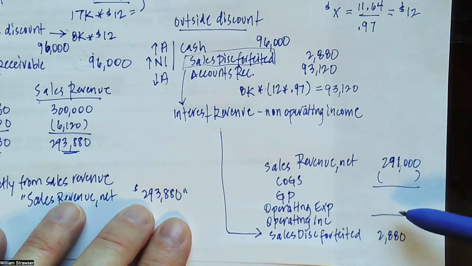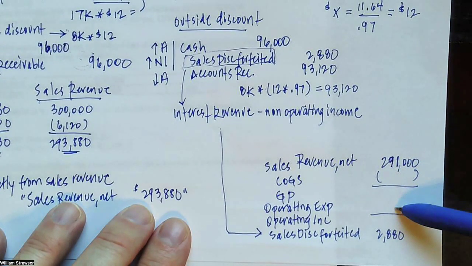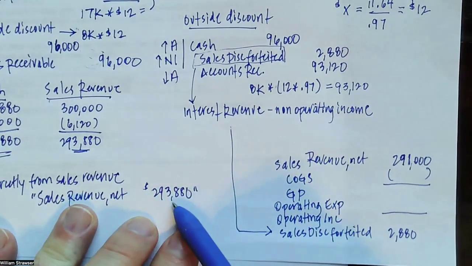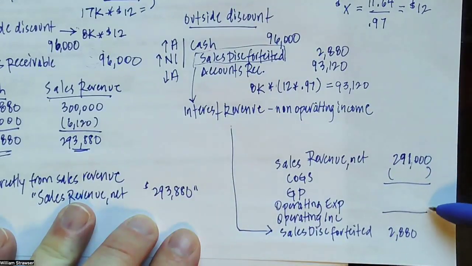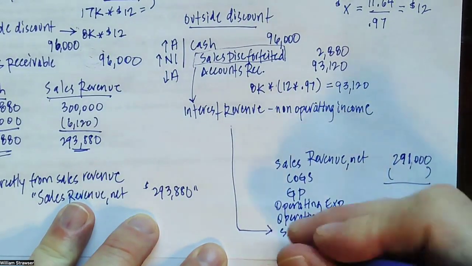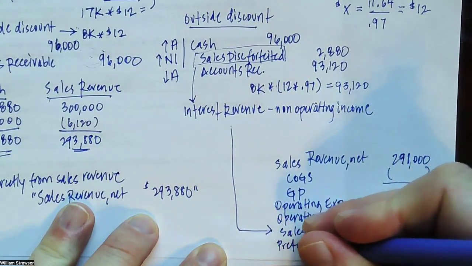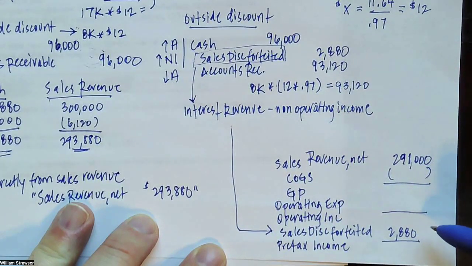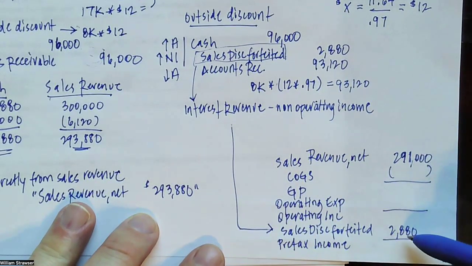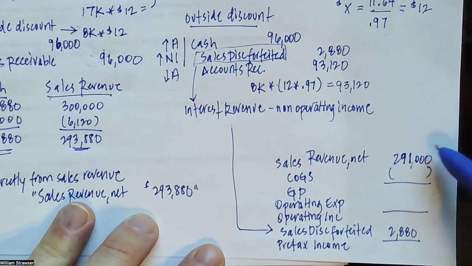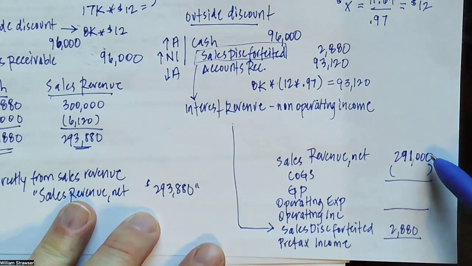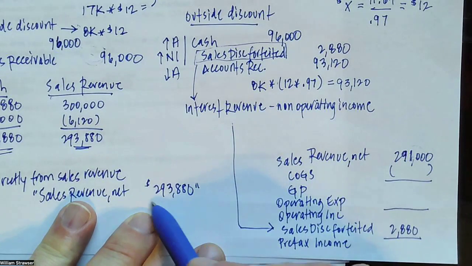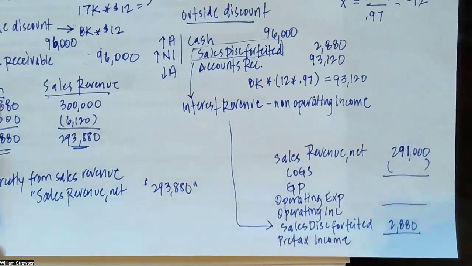Notice that if I ignore everything else between, I only get to the amount of sales revenue net reported under the gross method after I get all the way down here to pre-tax income.